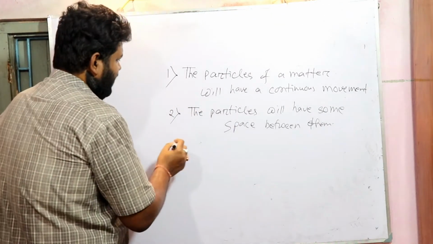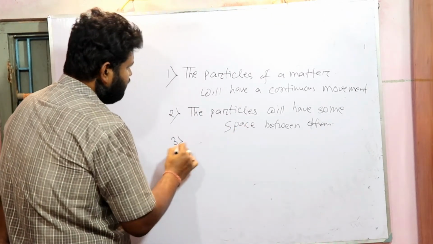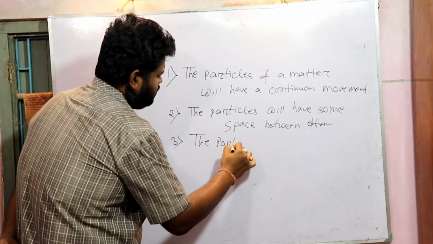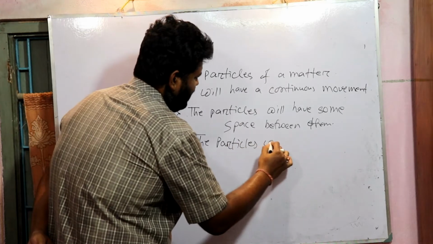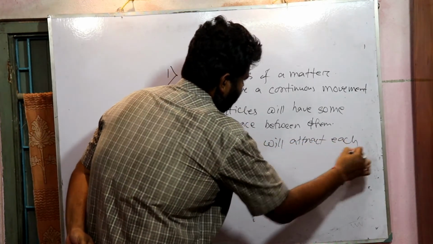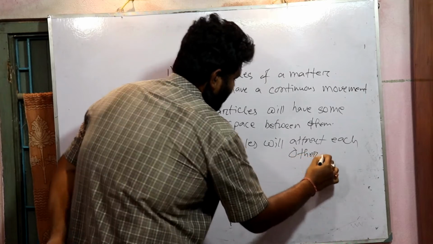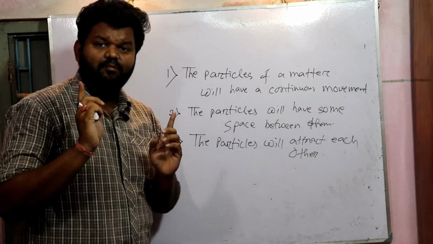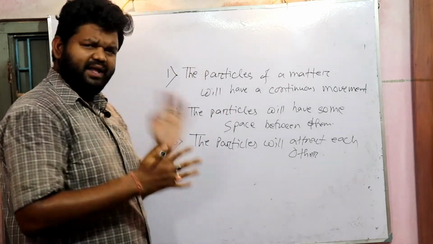And number 3, a very important point, the particles will attract each other. So these are the main 3 points, the characteristics of matter or the characteristics of the particles also.